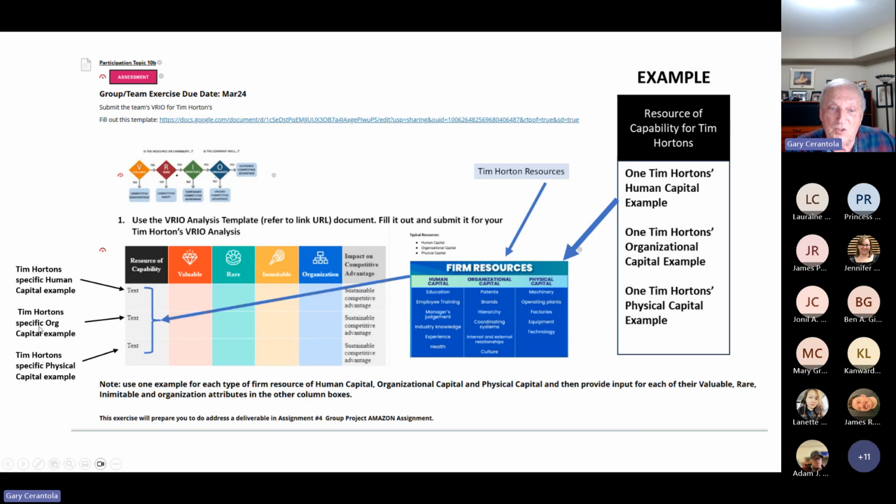And then one specific organizational capital factor, and then one specific physical capital factor, and then go through answering the questions for each one of those examples to get a sense of whether you can have a sustainable competitive advantage, right? And I'm going to explain this to you as we go through.